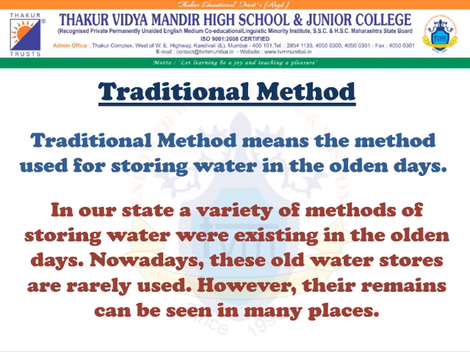But nowadays, these old water stores are rarely used. Rarely means very minimum in use. However, their remains can be seen in many places. Even though we are not using these traditional methods anymore, we still find them existing at different places till now.